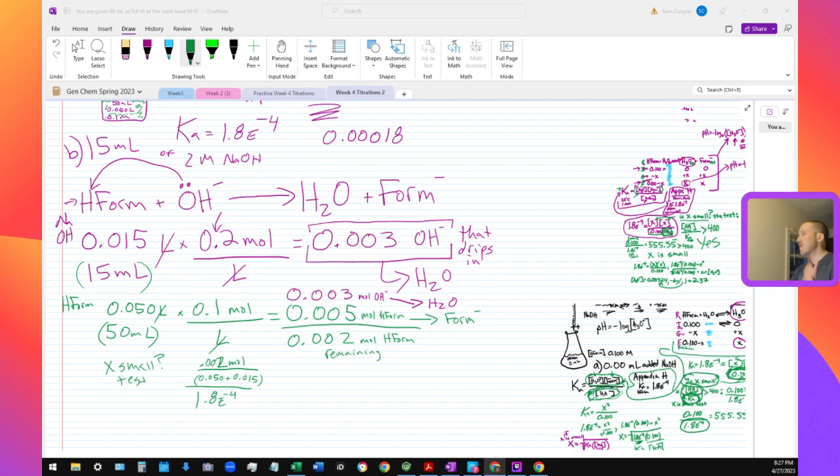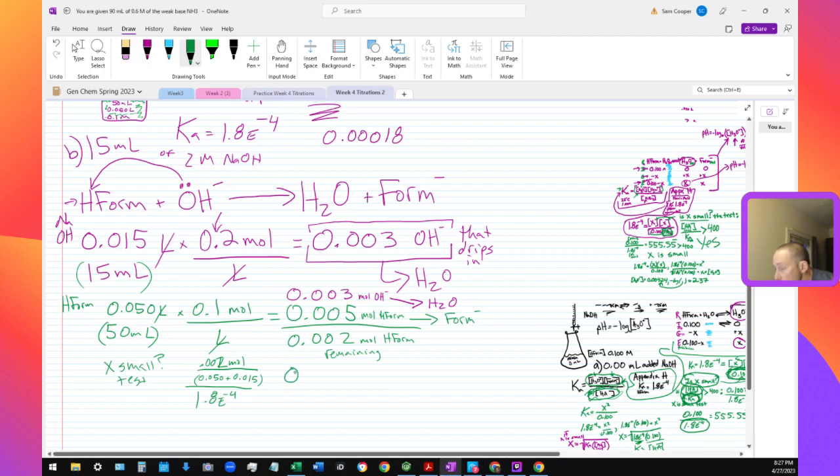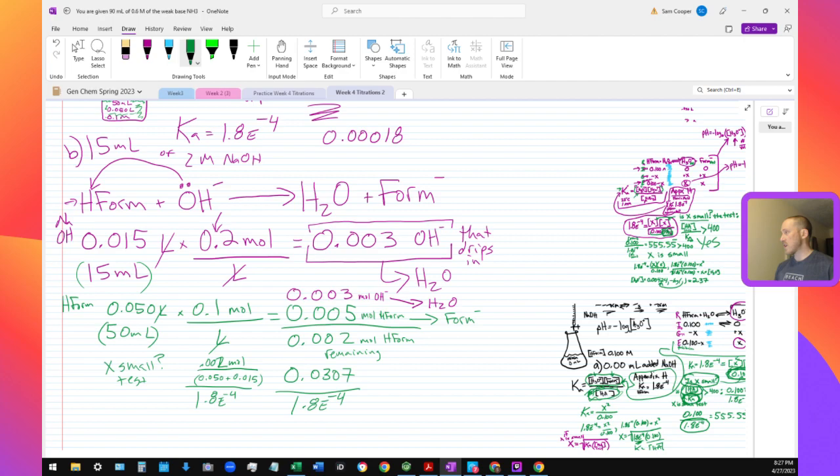And let me just verify what this ratio is. 0.002 divided by 0.065. Okay, so 0.0307. I mean, X is still small, but let's actually solve it and not just take it for granted for a moment. But soon we will take it for granted.